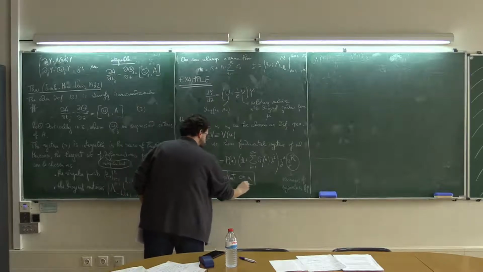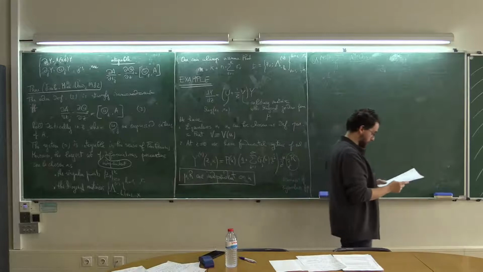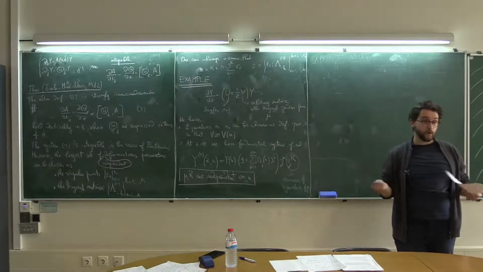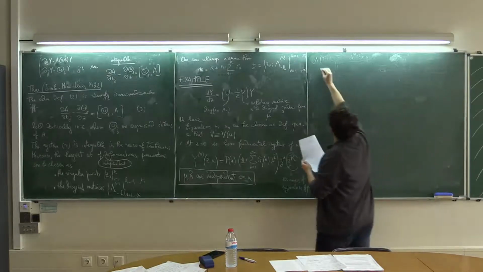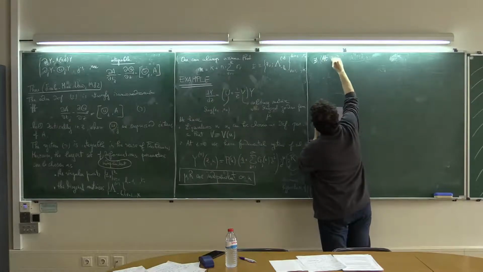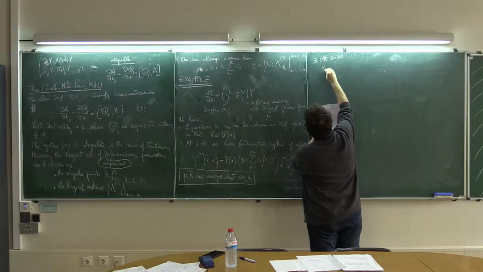I am just describing the form of isomonodromic deformation for a system of this type. At infinity, we have the following formal solution.